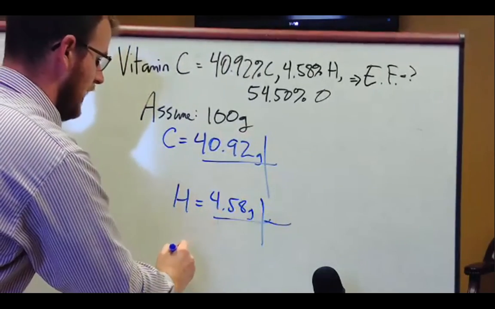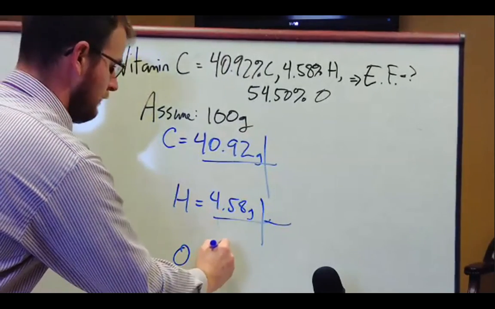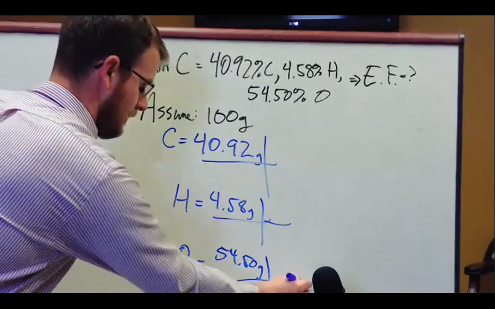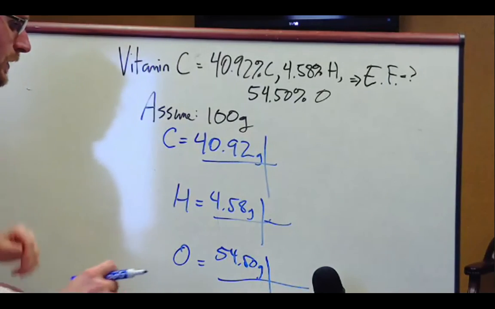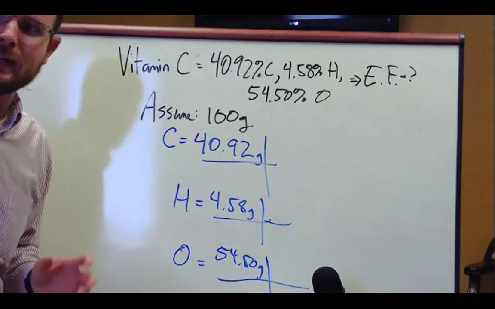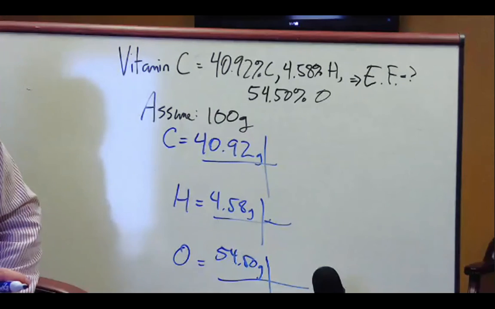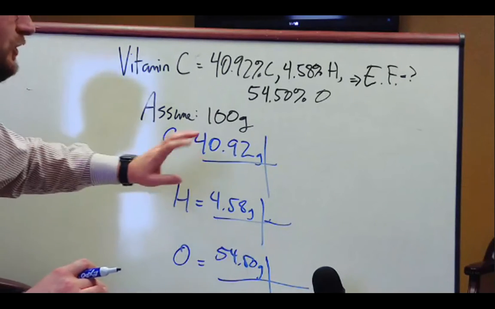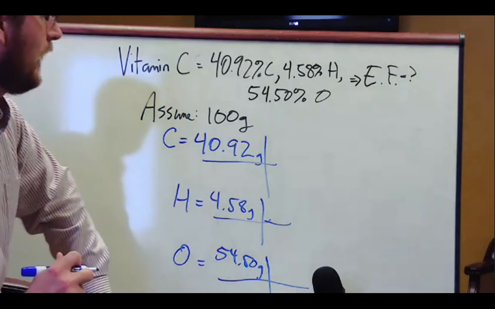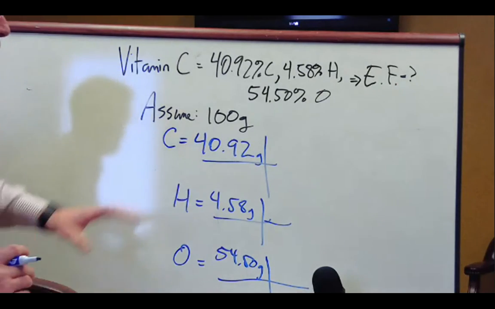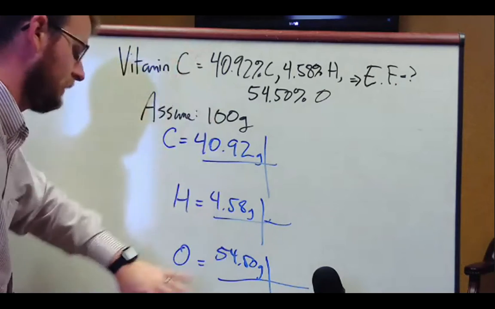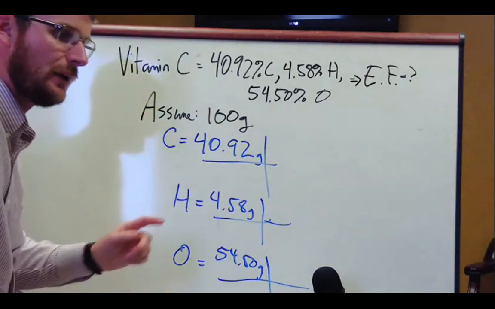And then how much oxygen? 54.50 grams. Okay. So to find an empirical formula, oh, that's really low. Okay, so I'll try to walk through the oxygen a little bit. Maybe I'll bring the oxygen up later. But what we need to do, now that we know how many grams of the elements we have, is turn them into moles.